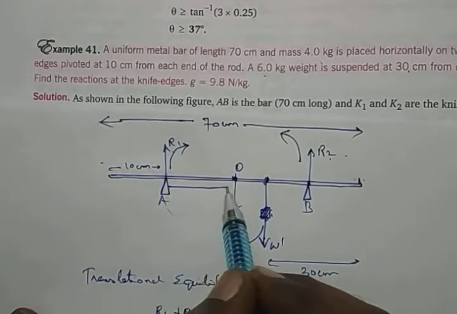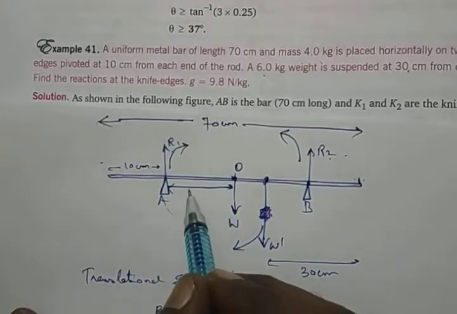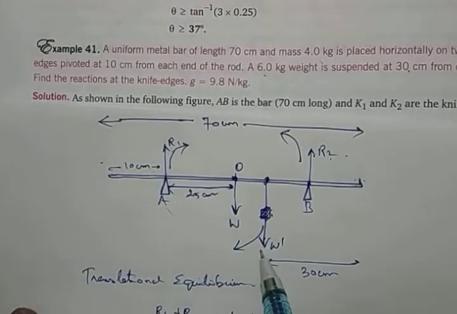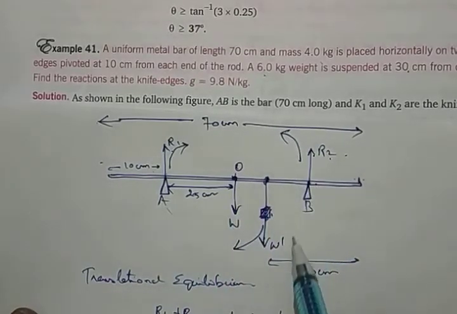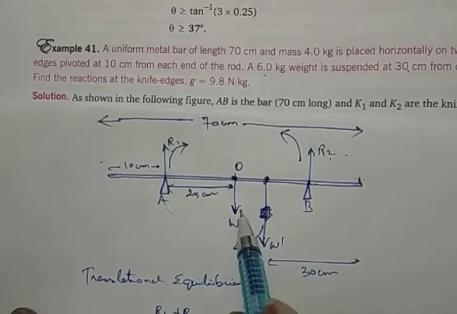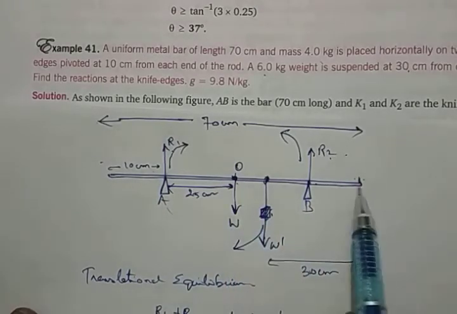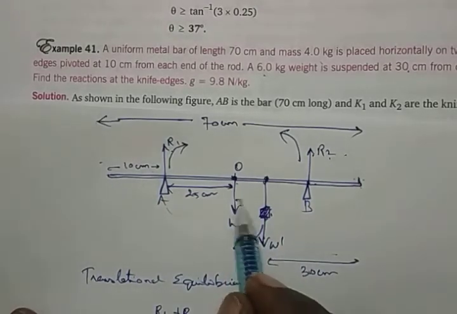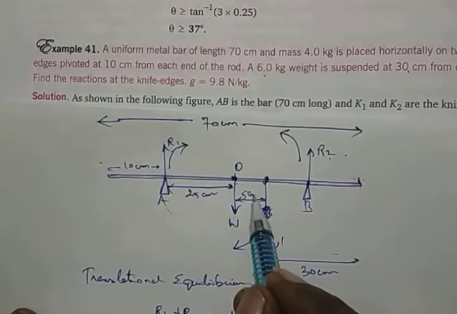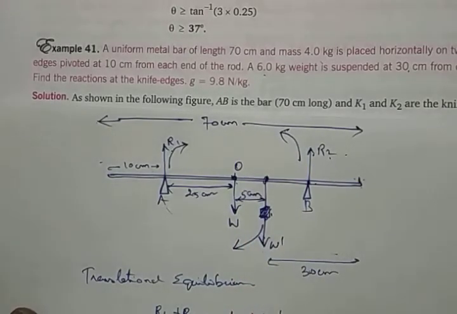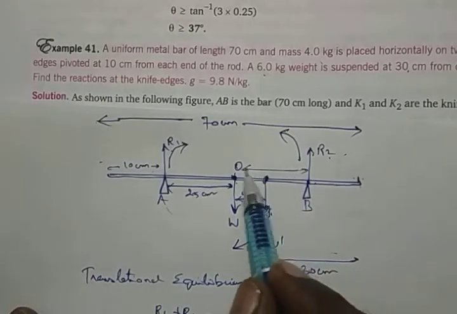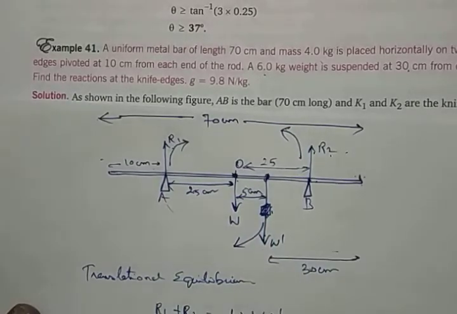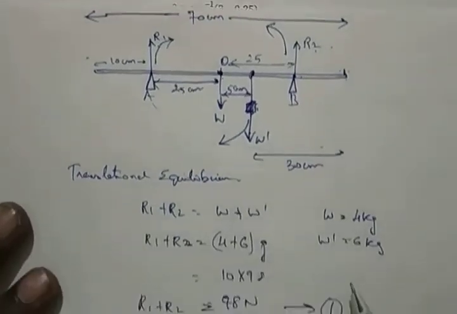So what is this one then? 25 centimeter. Alright, this is also 25 centimeter, but this is 30 centimeter. From here it is 35, from here to here it is 35, this is 30. What is this one then? 5 centimeter. Alright, and what is this one then again? 25 centimeter. So all things are quite clear.